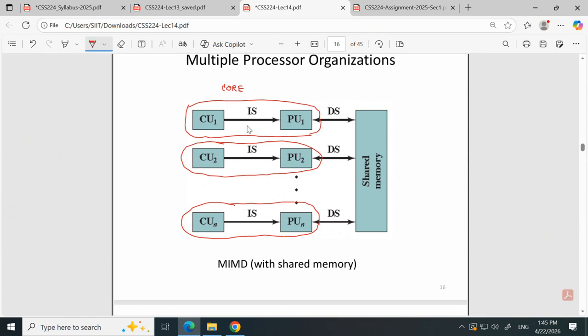A core consists of a control unit and 1 processing unit or 1 ALU. And all of them share, for this structure, the same memory unit. Multiple cores share the same memory.